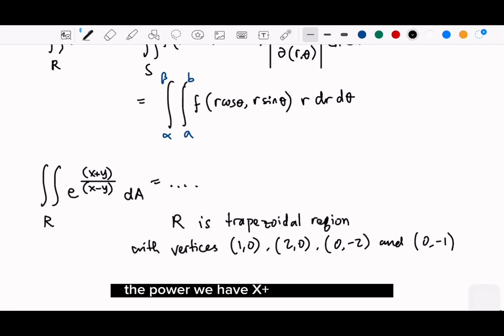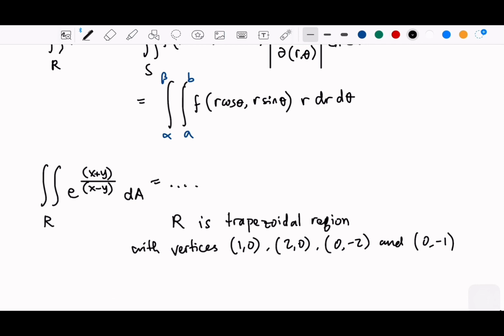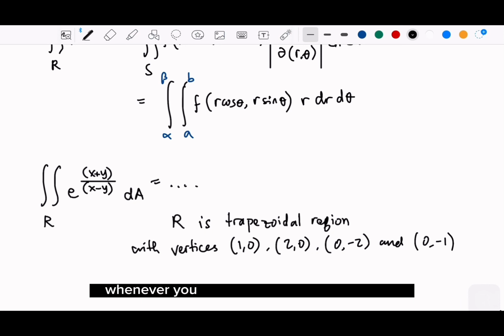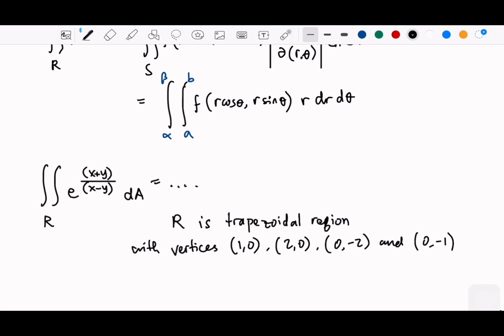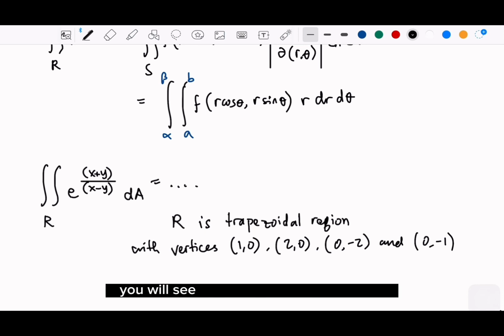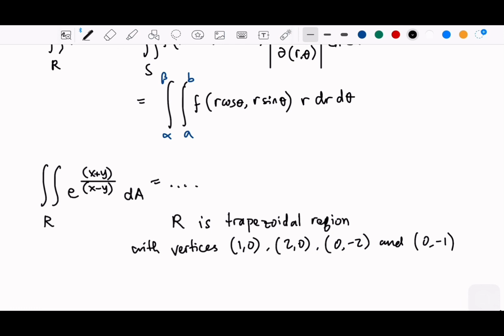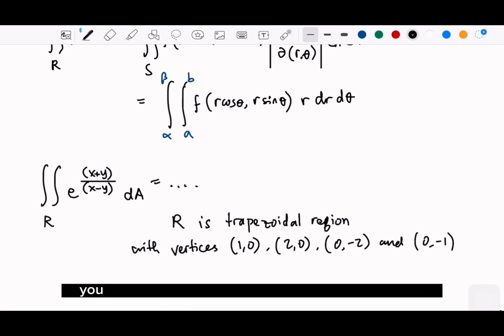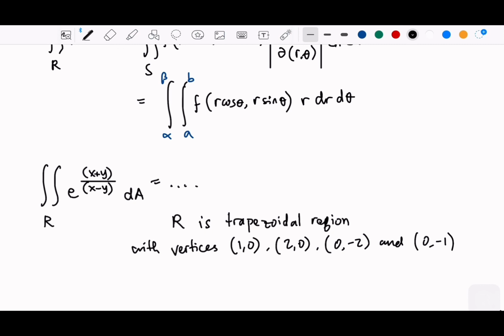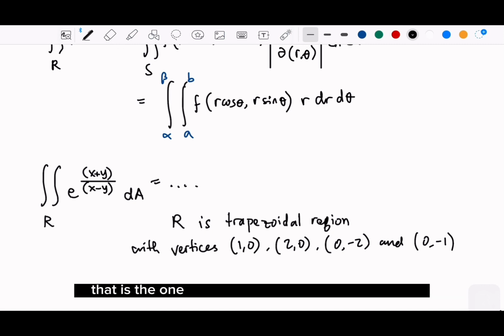We have (x plus y) over (x minus y). Whenever you see complications like this, frequently a linear expression inside a function, perhaps that is where you should use the Jacobian.